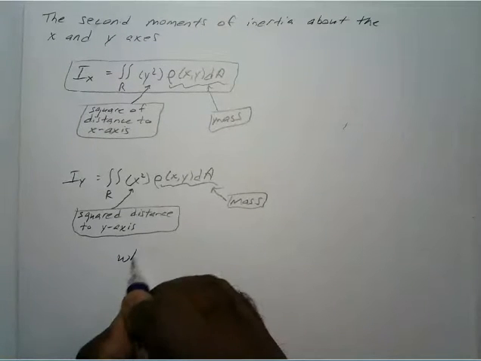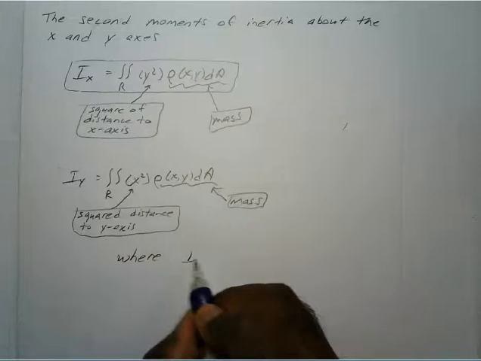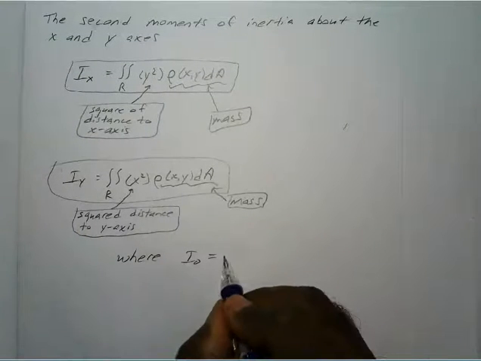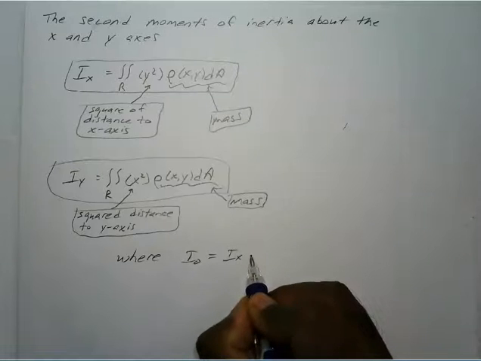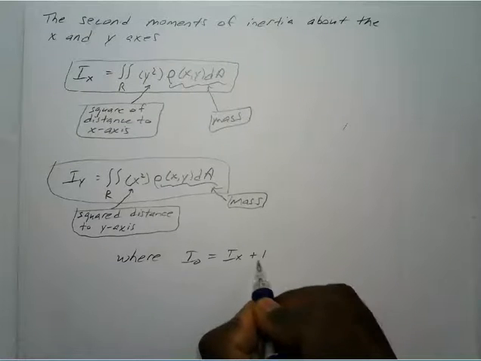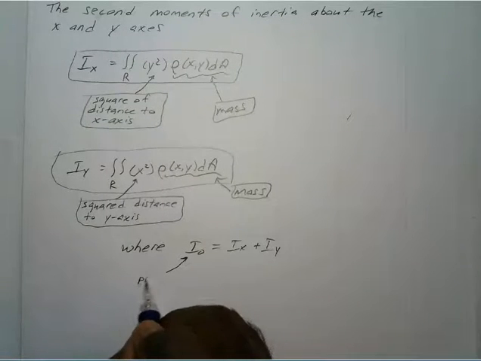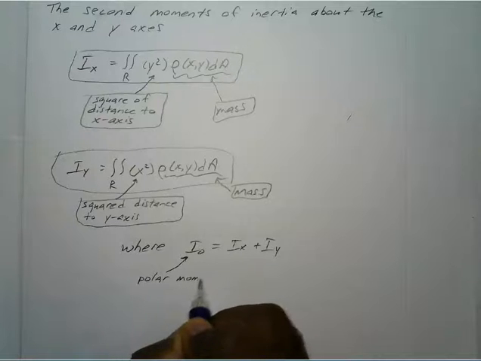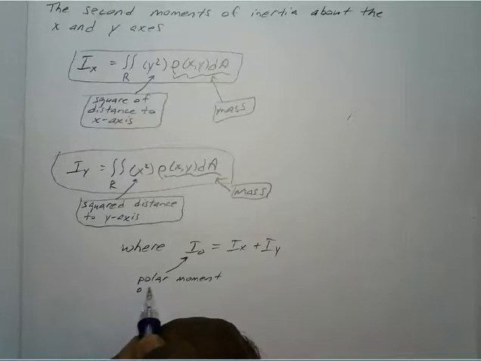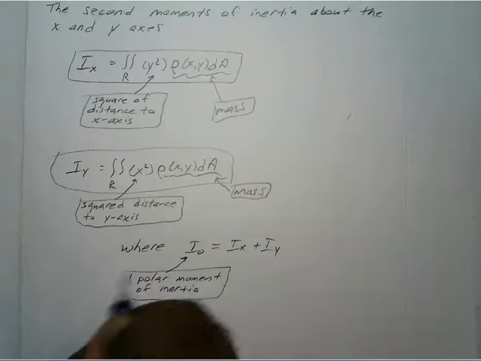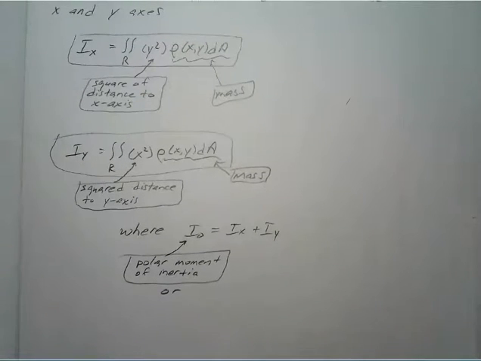Okay, so that's where our I sub 0 is just equal to the sum of our two second moments of inertia. So that I sub 0 is called either the polar moment of inertia or the moment of inertia about the origin.